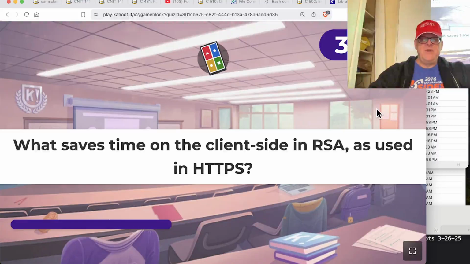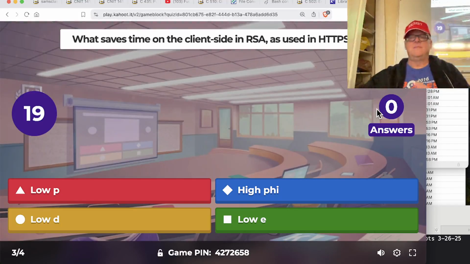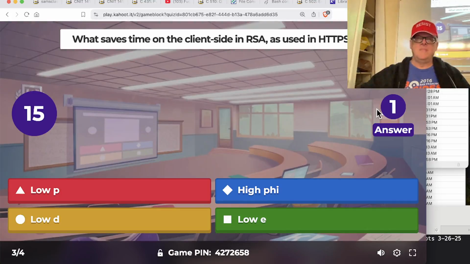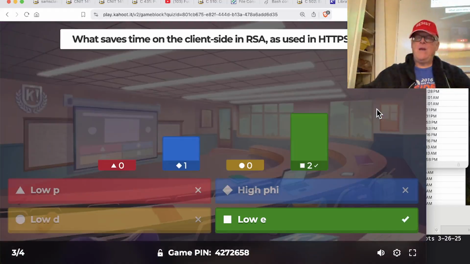All right, so how do you save time on the client side? Low e makes encryption fast.